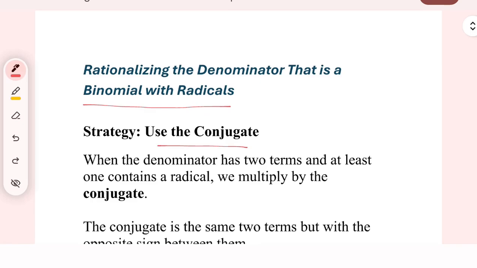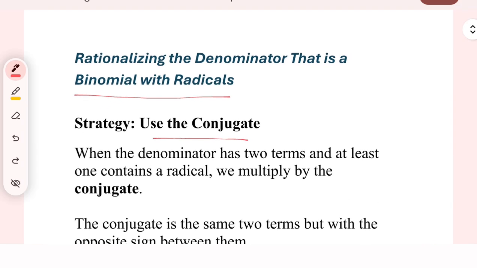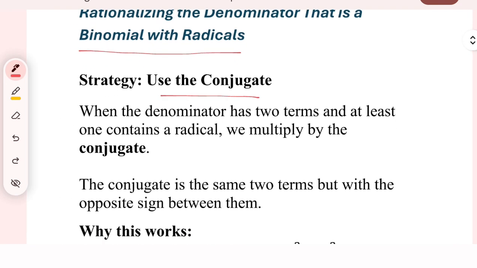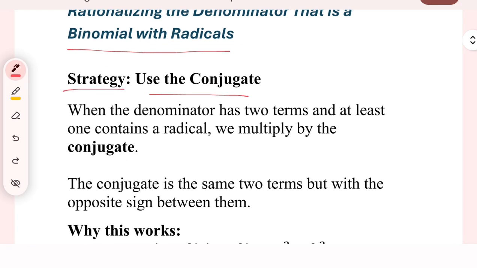In the first video, our method was to multiply the denominator by itself, and we explained it there. If you want to review it, it's the previous video. Right now we will discuss how we could rationalize the denominator when it is a binomial with radicals, and the strategy we use is the conjugate method.